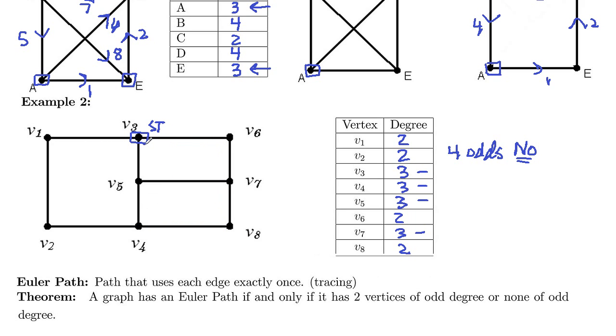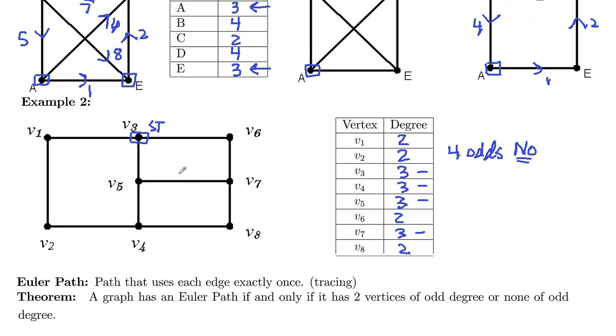So, well, what if I come down here and then go up? Well, if I go here, I can't go any farther. And if I go here, I can't go any farther. So you're stuck that way. And in fact, no matter what you do, you get stuck somewhere and you miss part of the graph. So that one you cannot trace.